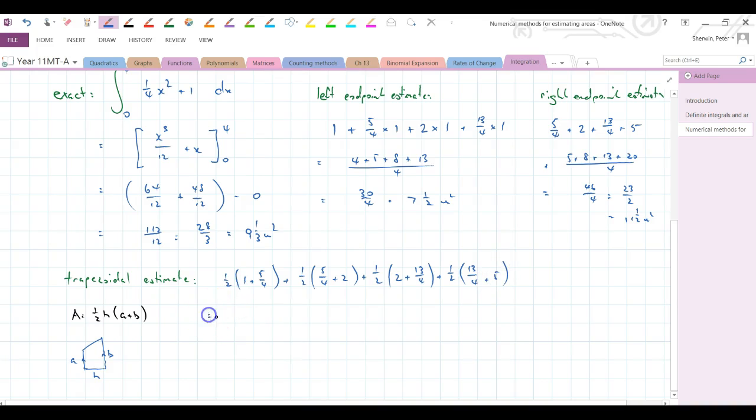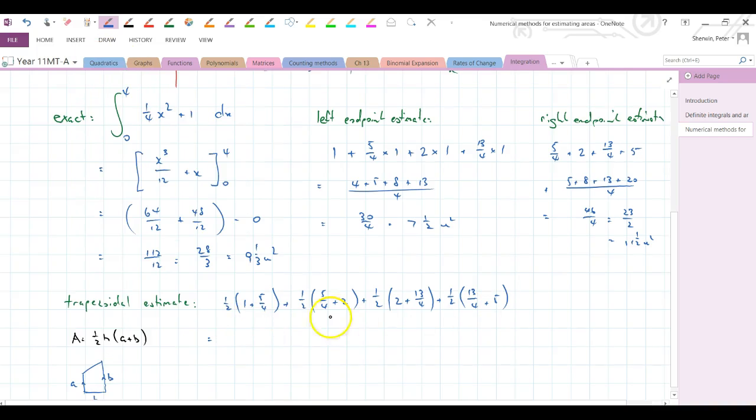You see what happens here is that we end up with a half by 1 plus 5, plus twice the rest of them. To simplify this calculation, if you have a look at what we've got, a half by 1 and a half by 5 on 4, plus a half by 5 on 4, plus a half by 2, plus a half by 2.